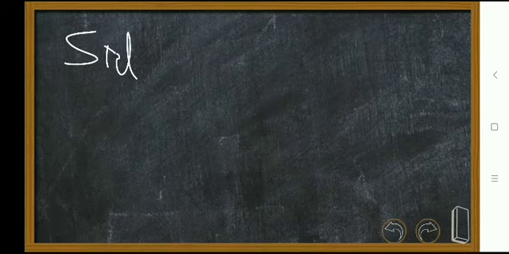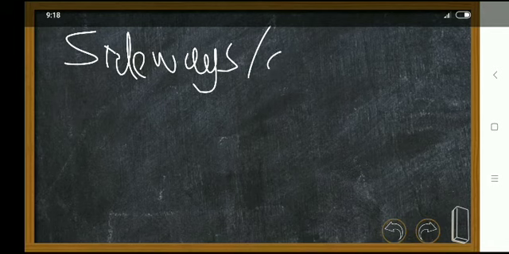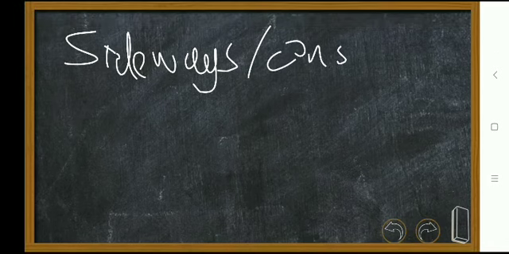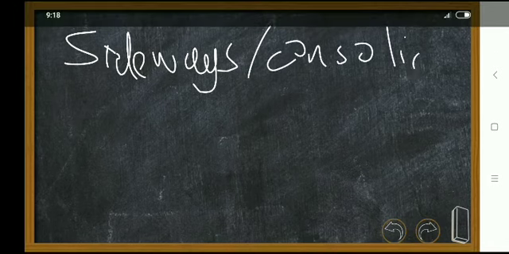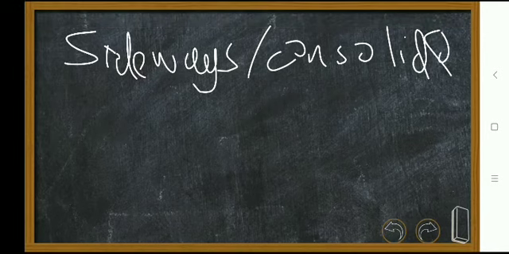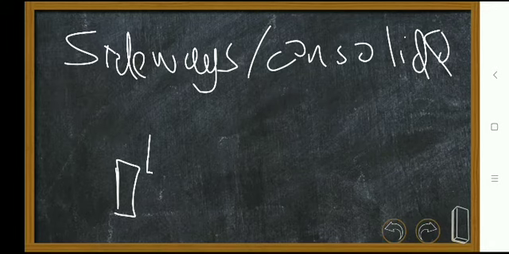So for a sideways trend, also known as consolidation. Oh, my handwriting. Okay, so it's freehand. I'm not using a pen. Excuse me, guys. So for a sideways trend, you'll find that, let's say we have these candles.